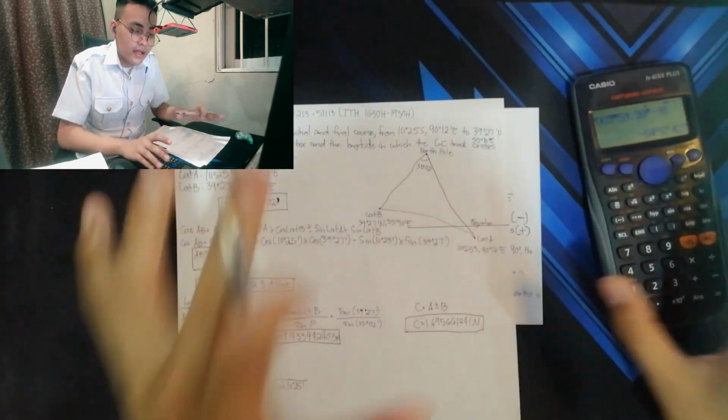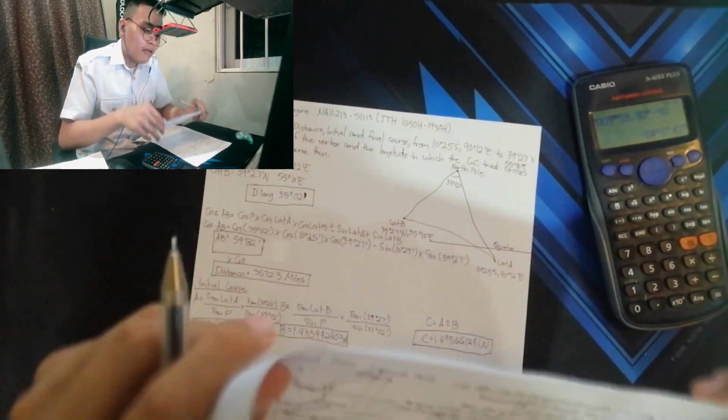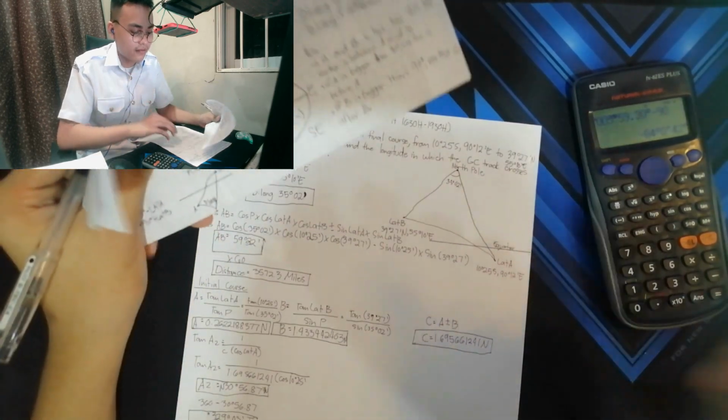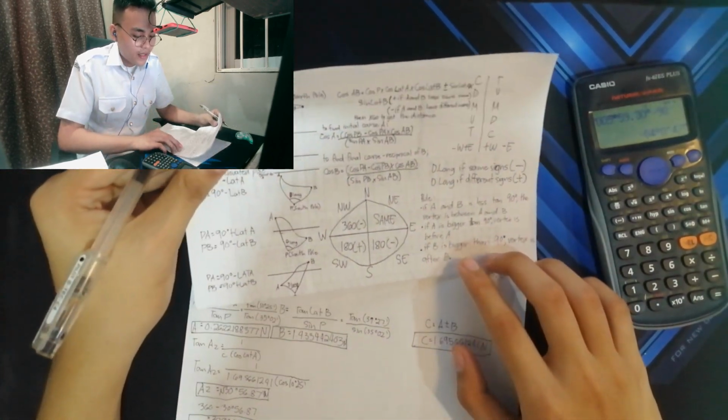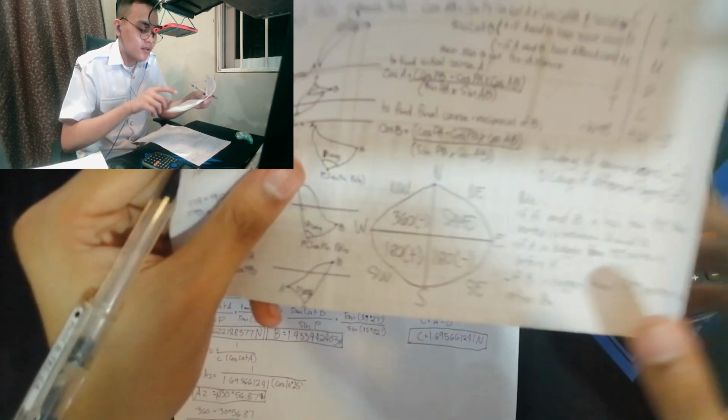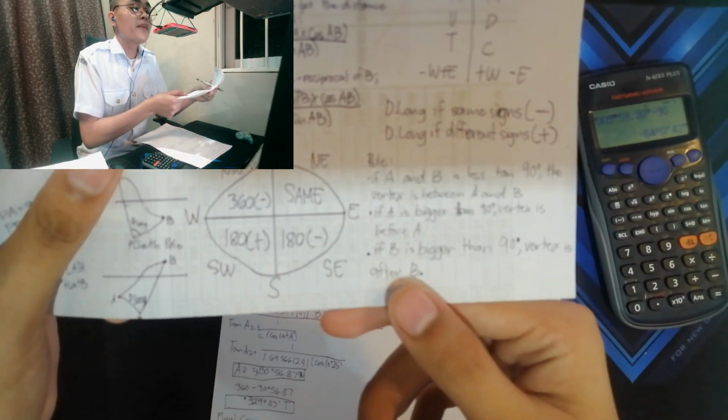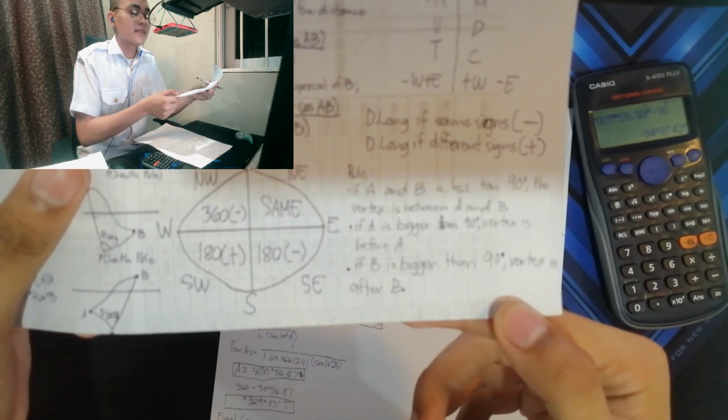Then let's locate our vertex. So where can you plot our vertex? We have rules to follow in plotting our vertex. In this rule, if B is bigger than 90, vertex is after B.